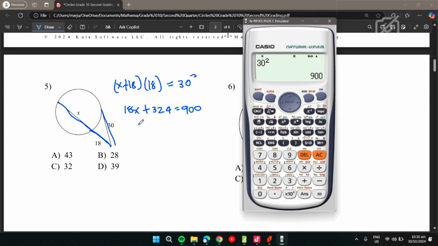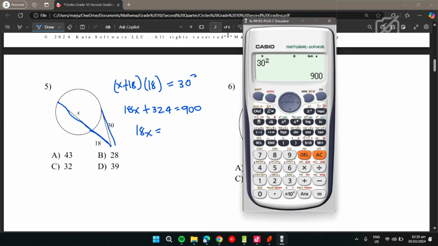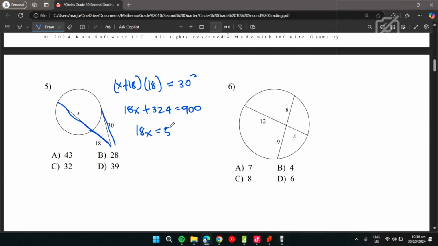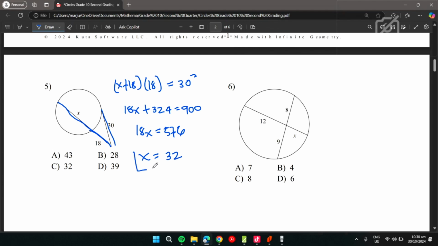So, basically, this is just 18x, and we're gonna subtract both sides by 324. So, 900 minus 324, that is just 576. And then again, divide everything by 18. Ang sagot natin will be 576 divided by 18. That is just 32. Alright? So, ang sagot natin sa number 5 is actually 32. And what letter is this? Letter C. Right? That is letter C.